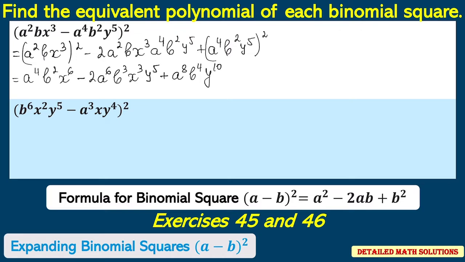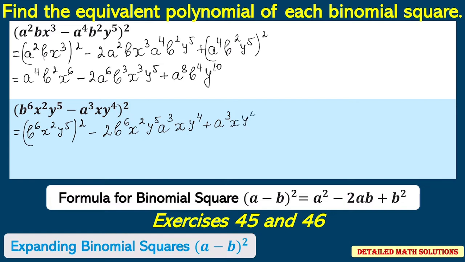Next exercise. When I apply the formula, I get (b to the 6th x squared y to the 5th power) squared minus 2 times b to the 6th x squared y to the 5th power multiplied by a cubed x y to the 4th power plus (a cubed x y to the 4th power) squared.